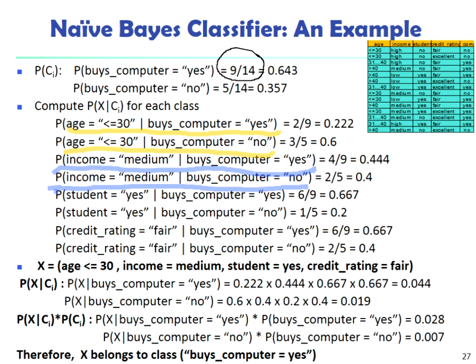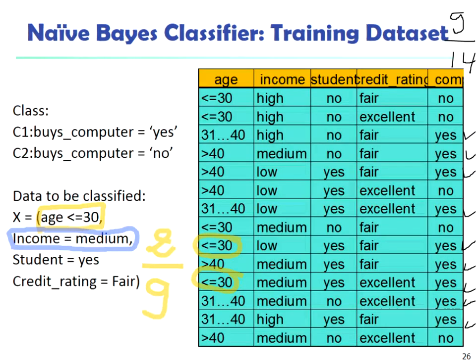After that, we will calculate the probability of student equal yes and the probability of credit rating equal fair.